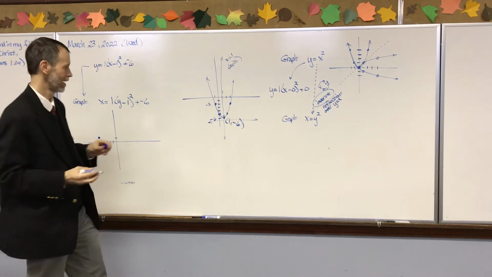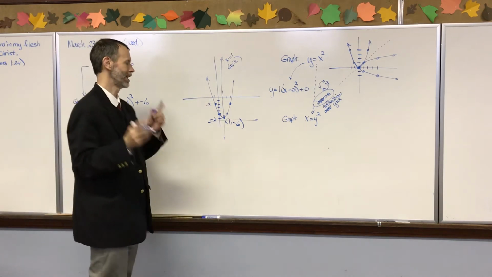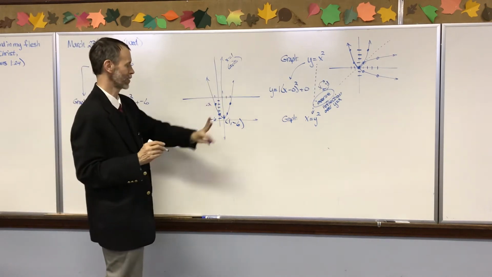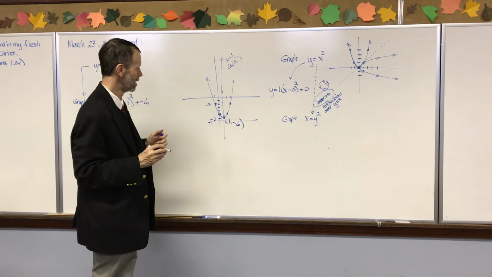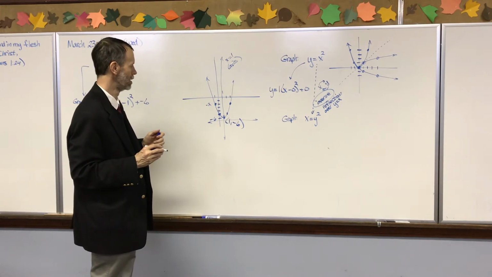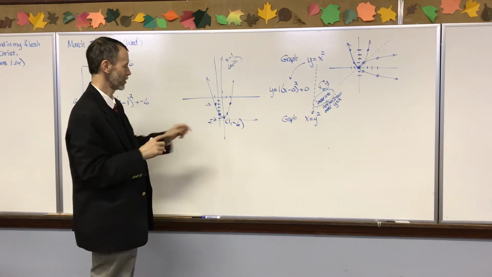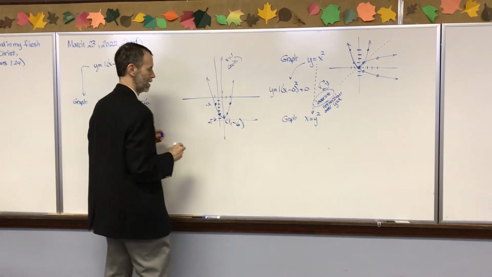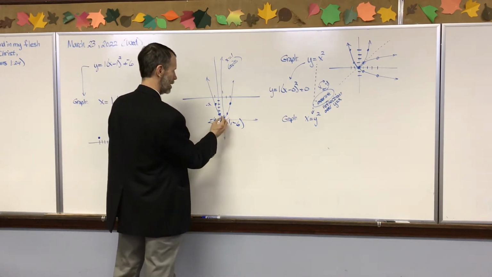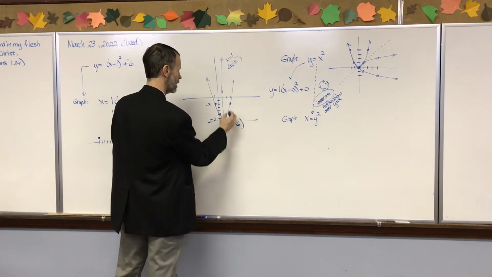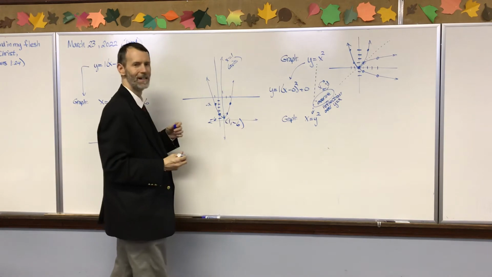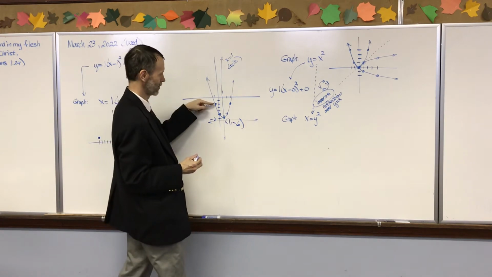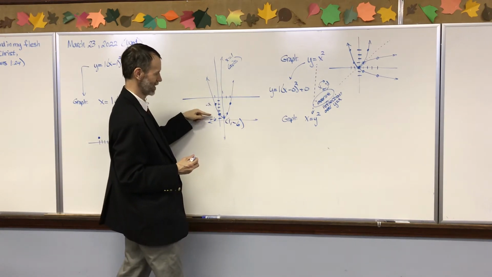Give me another point. Can you give me the coordinates of any of those other points? It was over 1, up 1, over 2, up 4. On the original graph that would be 2, -2. Okay, 2 comma negative what? Negative 2 is up here, this is down here.